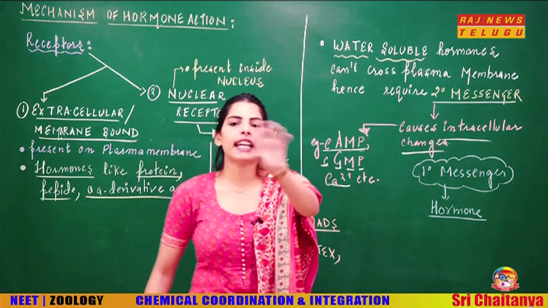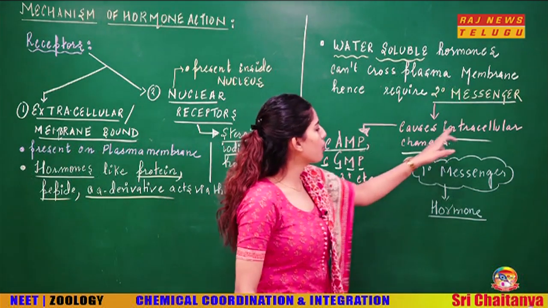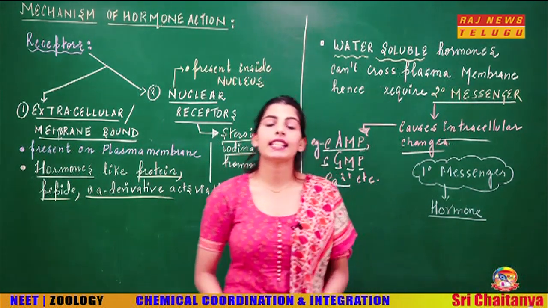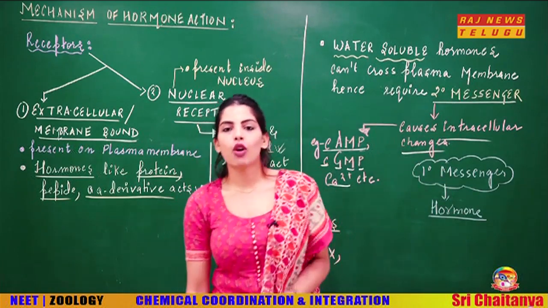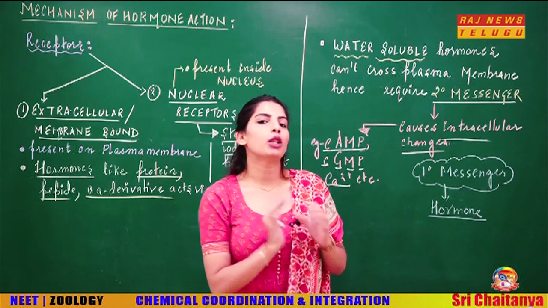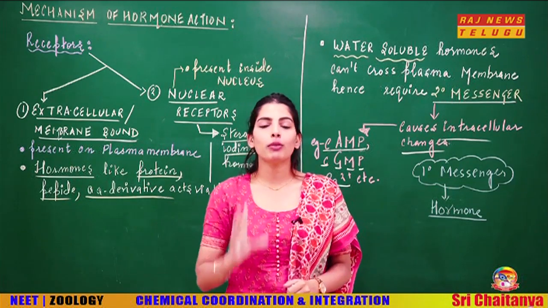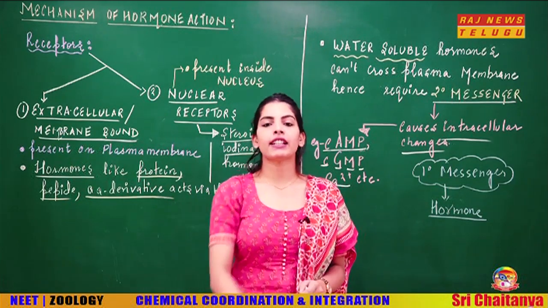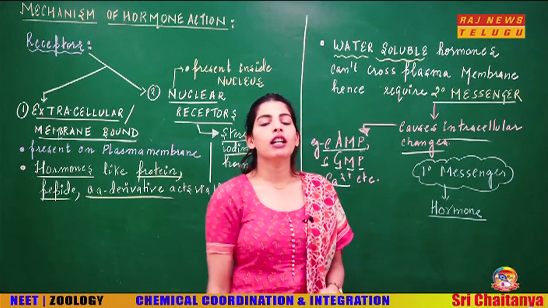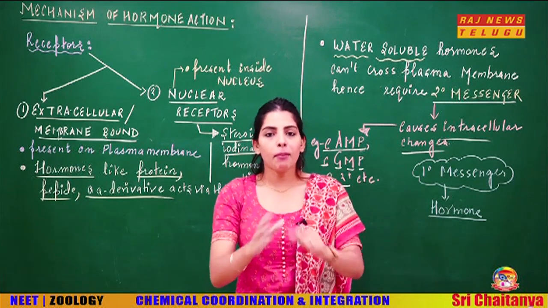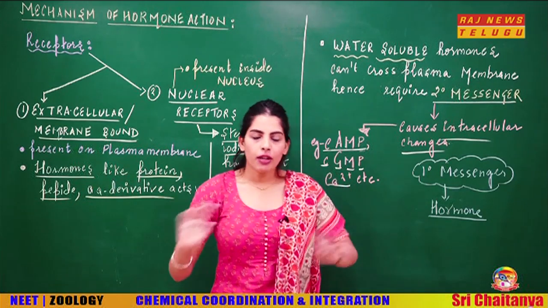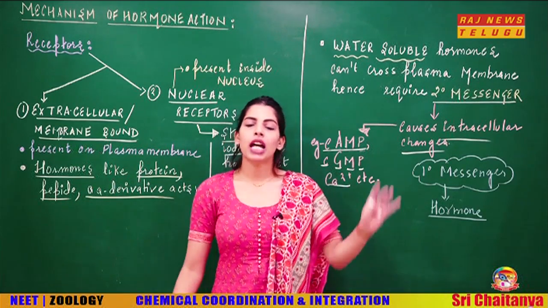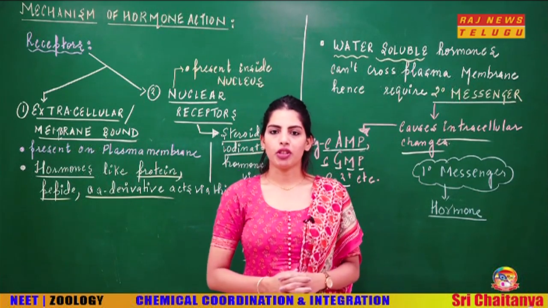So these are the secondary messengers which are going to carry the changes inside a cell, and secondary messengers are only in the case of water-soluble hormones. As for lipid-soluble hormones, the hormone itself is acting as a messenger. It can itself cross the plasma membrane and perform the specific action.